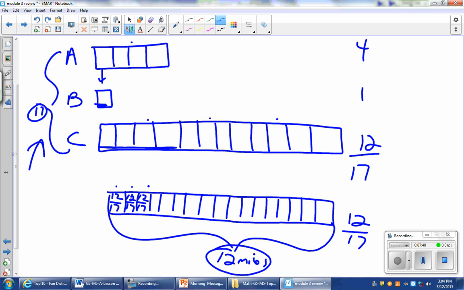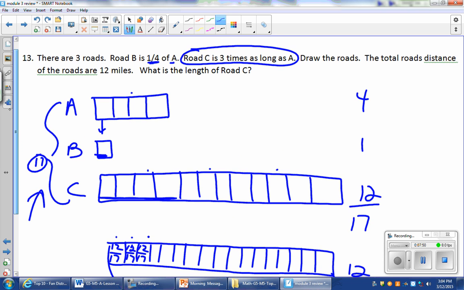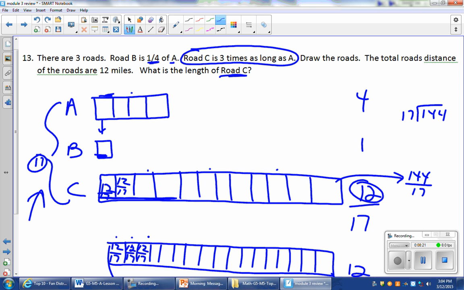Now what we're focused on is road C. So there are 12 of the 12/17ths, because that's how many are on road C. So if I had 12 times that, road C is 144/17. We would take 144, divide by 17, and what do you get?